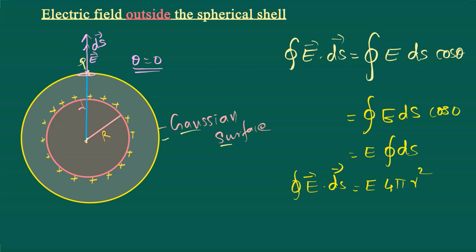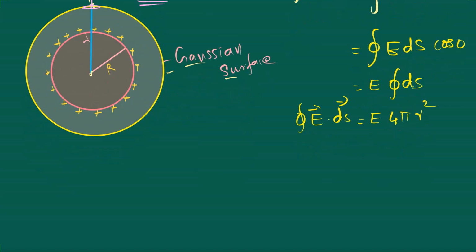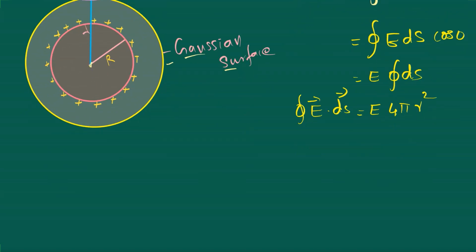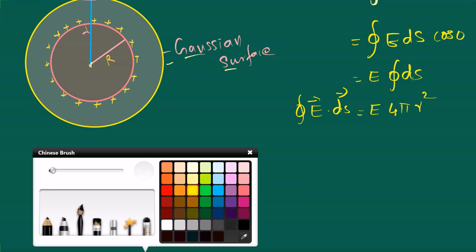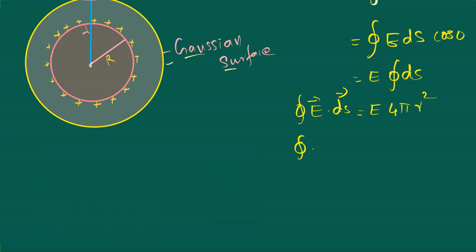Now we want to apply Gauss's theorem. We know that Gauss's theorem says the total electric flux over a closed surface is equal to 1 by epsilon naught times the net charge enclosed by that Gaussian surface. So the integral of E dot ds is equal to q by epsilon naught.